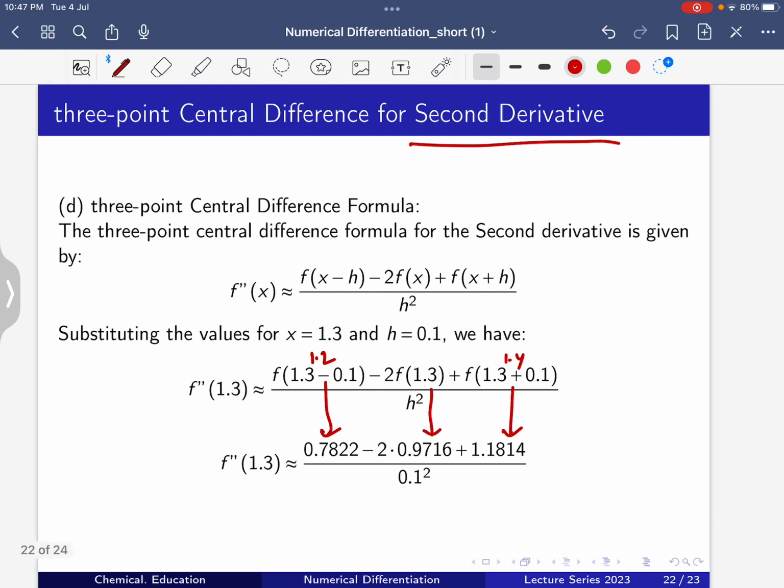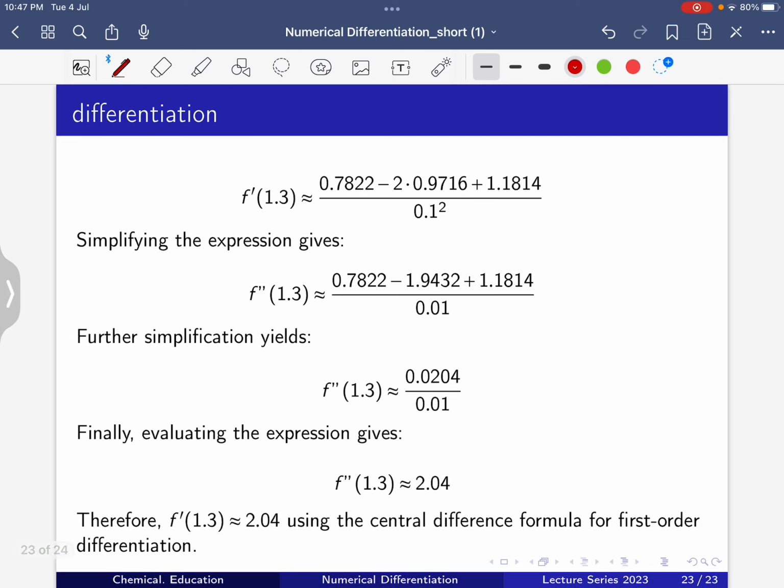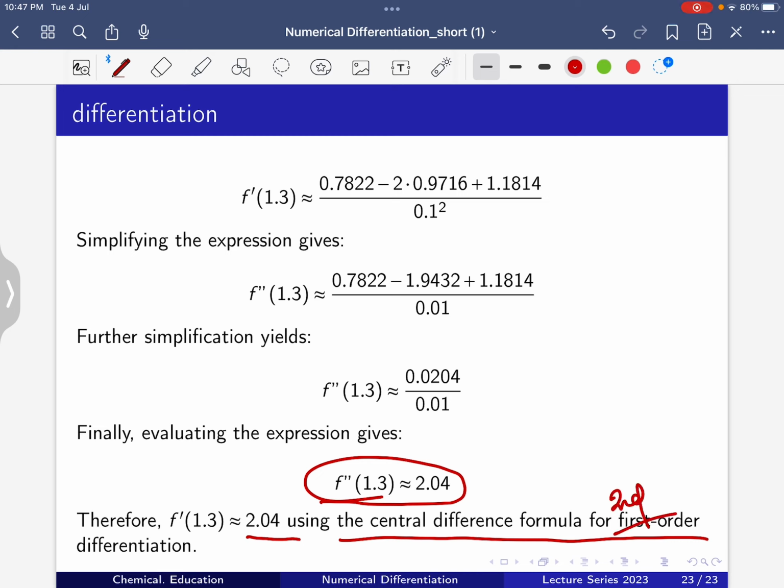If we do the calculation, we get f''(1.3) equal to 2.04, using the central difference formula. This is second order differentiation. So now you know how to calculate numerical differentiation, and you know how to calculate first order differentiation and second order differentiation.